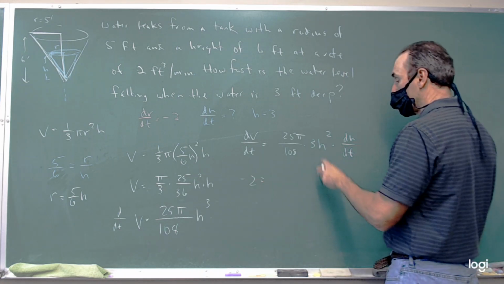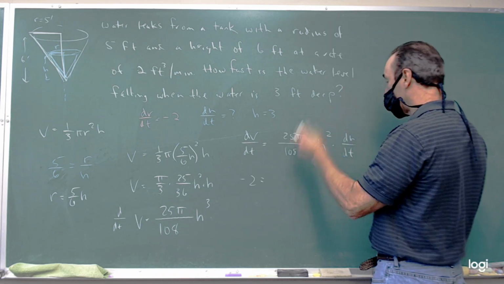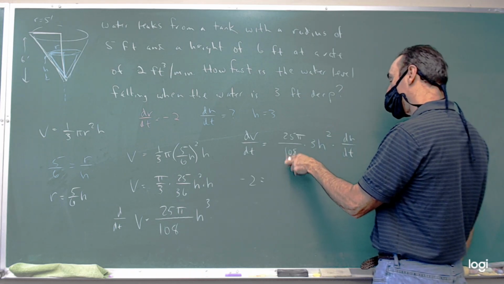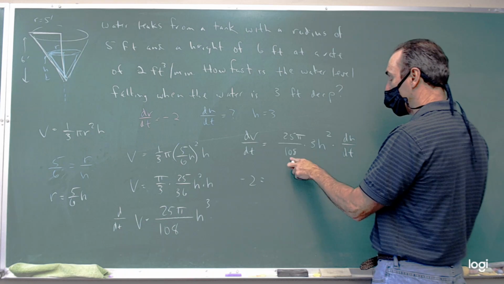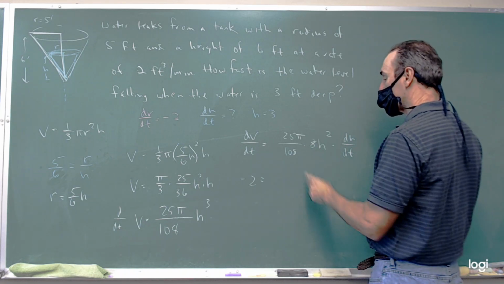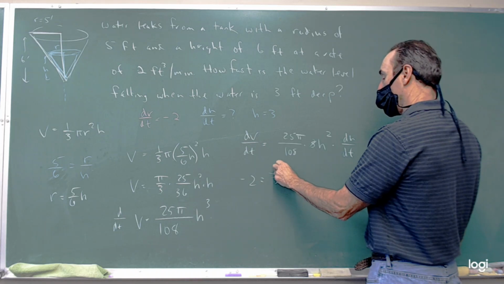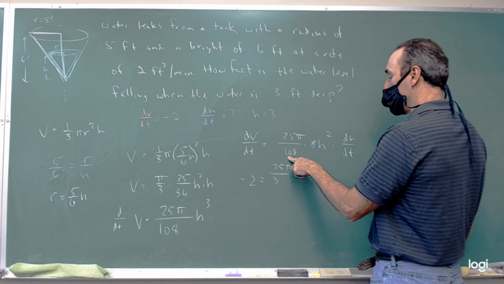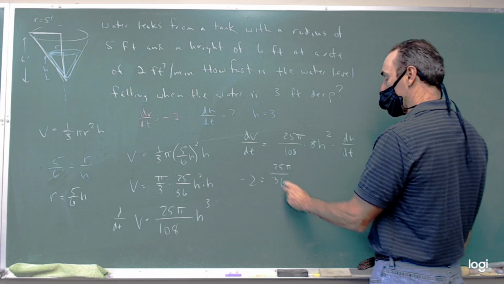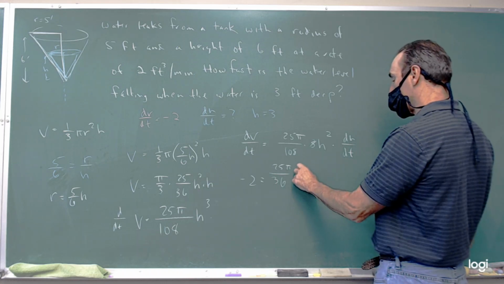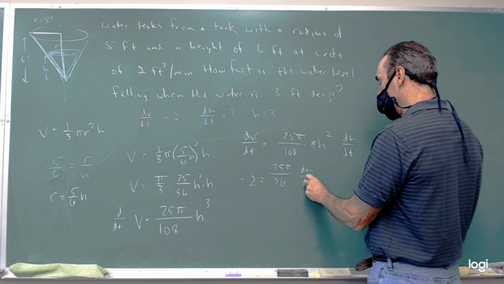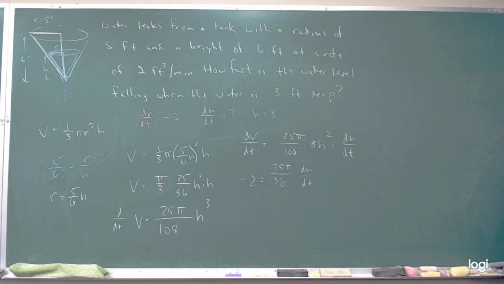We can actually do a little bit of canceling here. Since 1 plus 0 plus 8 is 9, that's divisible by 3, so we can say 3 goes into 108 36 times, and 3 goes into 3 once, so I think that's going to take us to 36 dh/dt. Still not pretty, but a little bit better.